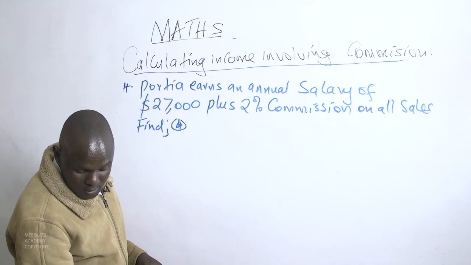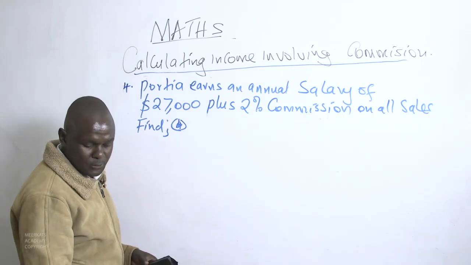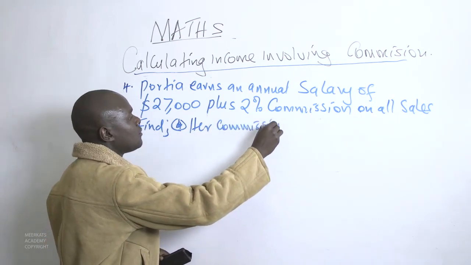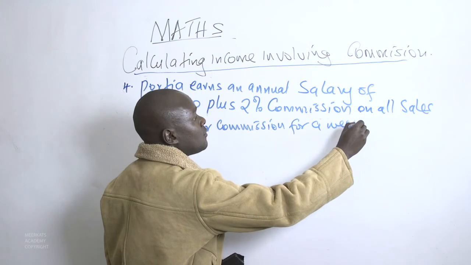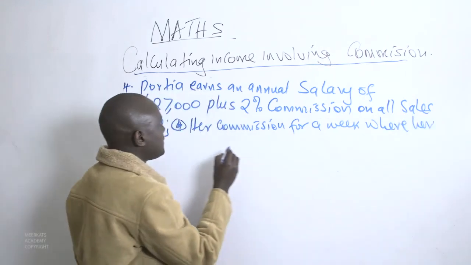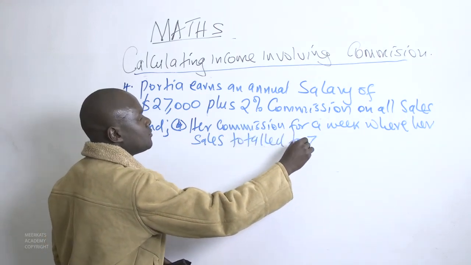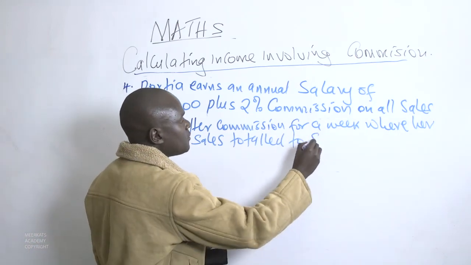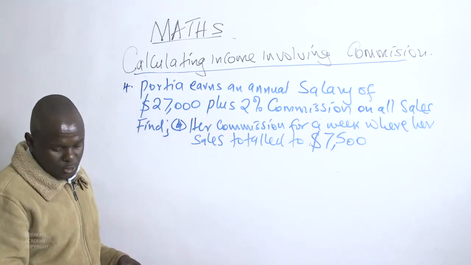The second question is, we find her commission for a week where her sales totaled $7,500.